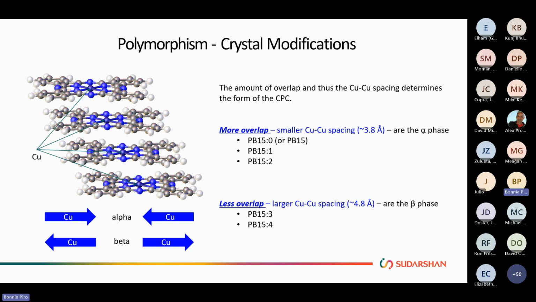The alphas are going to be more on top of each other in that matrix, so the copper atom in the middle will line up more on top of each other. Just the opposite is the betas. They're further apart in that matrix. That distinguishes the color shade differences, and in some cases it can also relate to some performance aspects, and you'll see that a little later on.